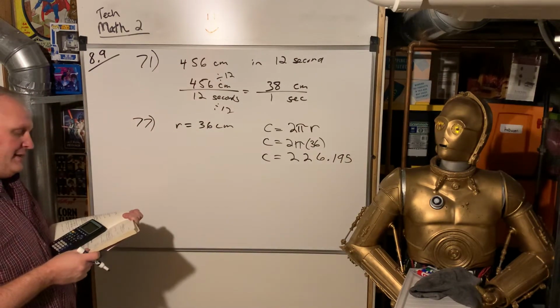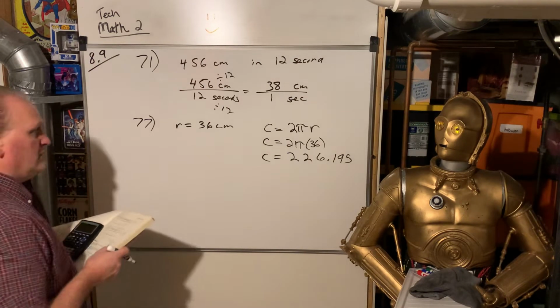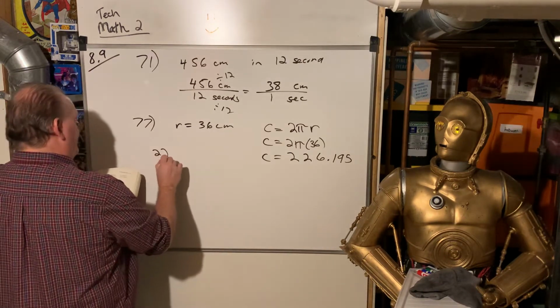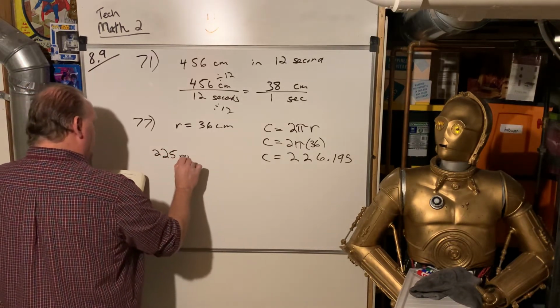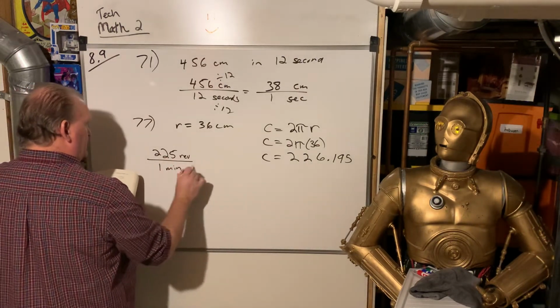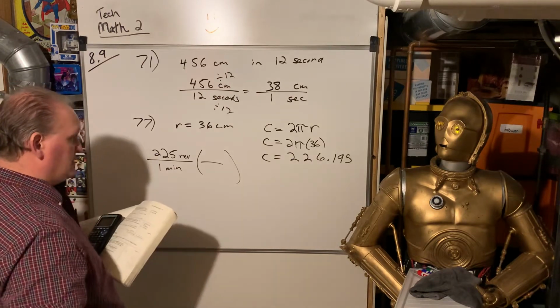And then they want to know the centimeters per minute. So if it travels 225 revolutions in 1 minute, and now think about this, we want centimeters instead of revolutions.